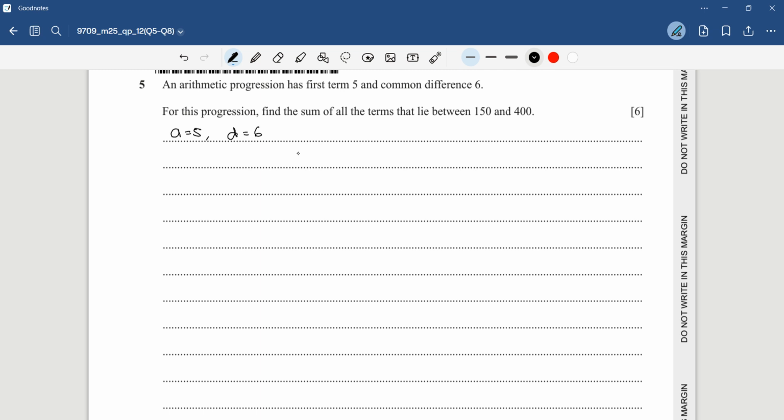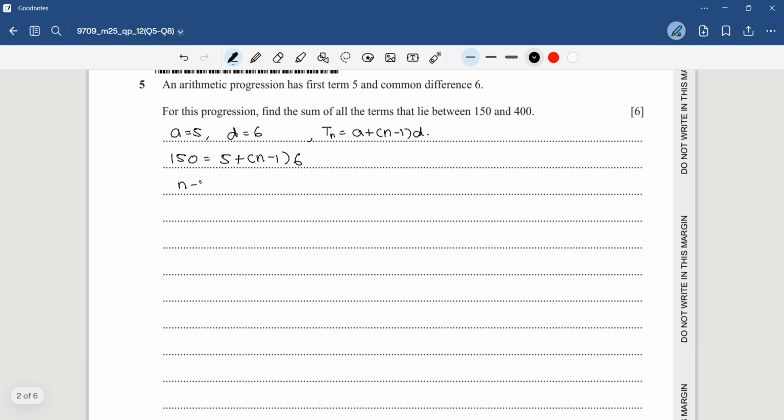And we need to find the sum of all the terms that lie between 150 and 400. So what we do, we find the very first term which is more than 150. For that, we can use the Tn formula, which is a plus n minus 1 d. So I make 150 equal to a plus n minus 1 d.